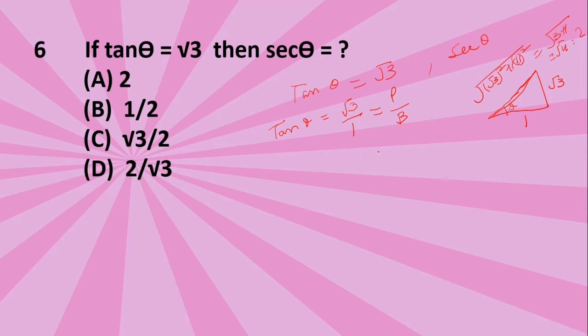So now you have to find out sec theta. Sec theta is 1 upon cos theta, so reverse of cos theta, that is hypotenuse upon base. So here hypotenuse is 2 and base is 1. So the correct answer is A.